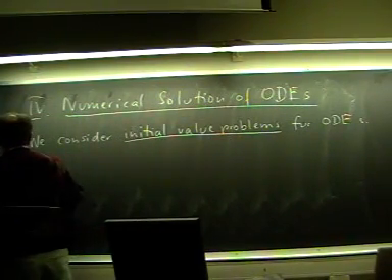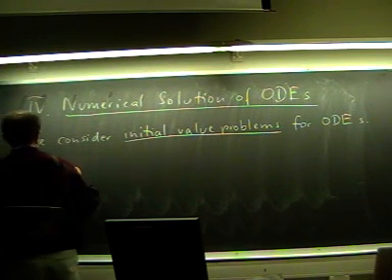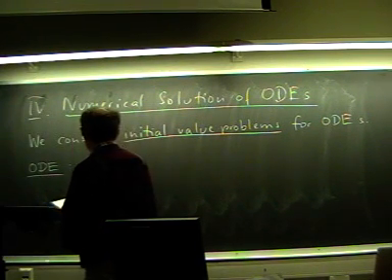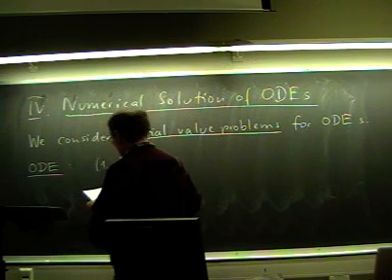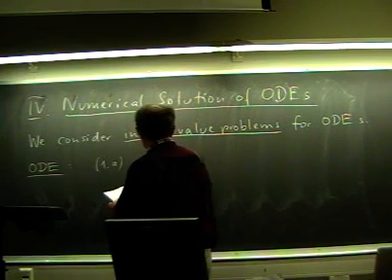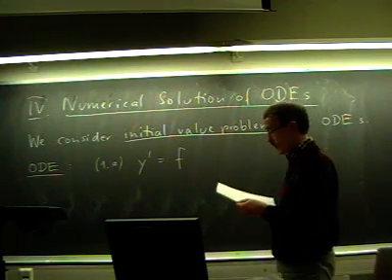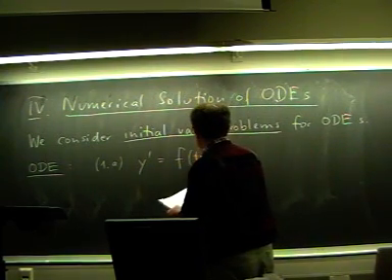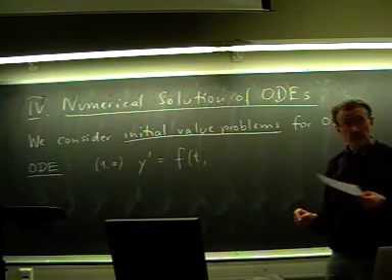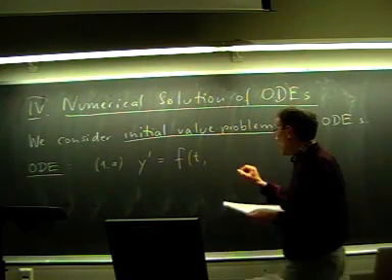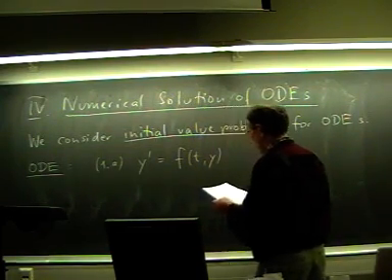We look at ODEs in the following form. We have y prime is equal to a right-hand side that's a function of our marching variable, which will be in our case time, and the unknown y itself.